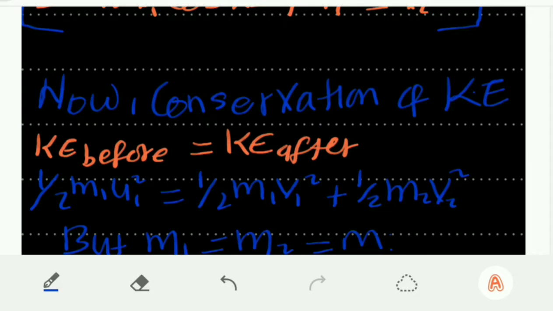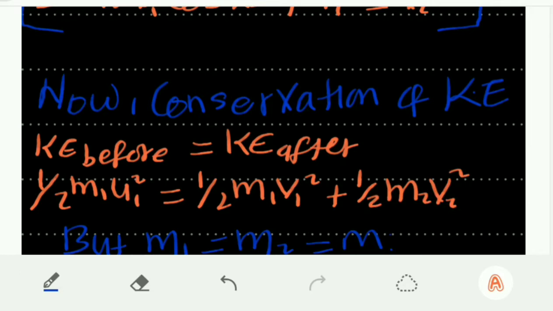So we have the kinetic energy for the ball which was moving with an initial speed. Therefore, half m1 u1 squared equals half m1 v1 squared plus half m2 v2 squared.